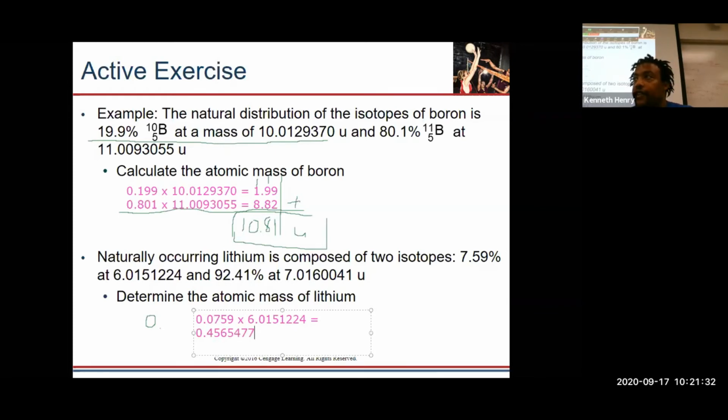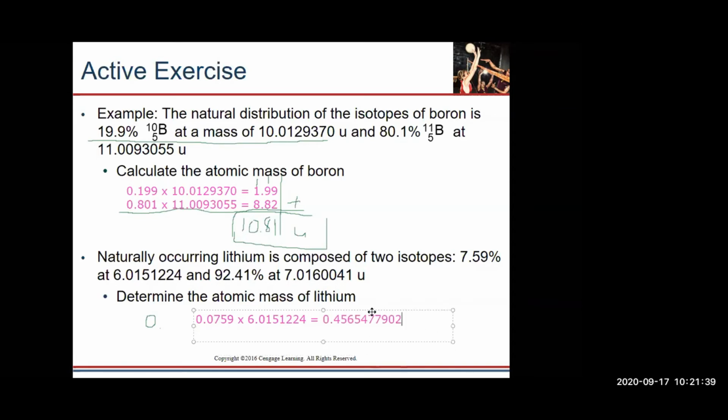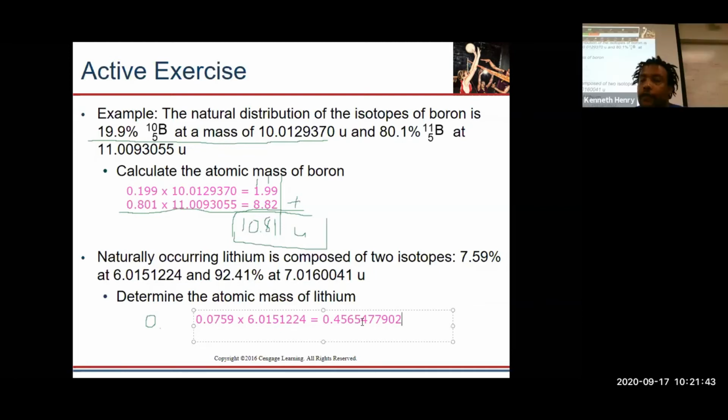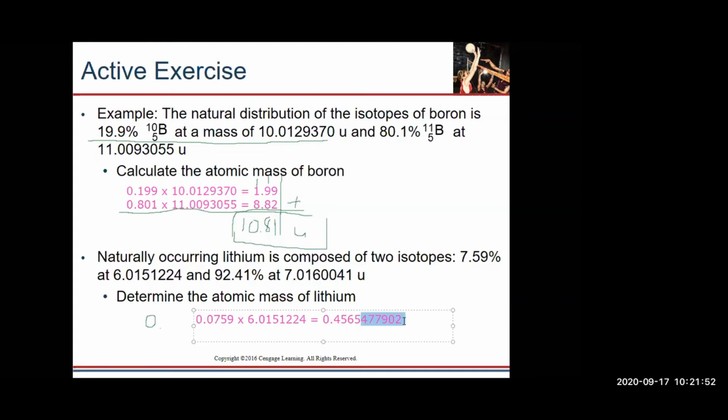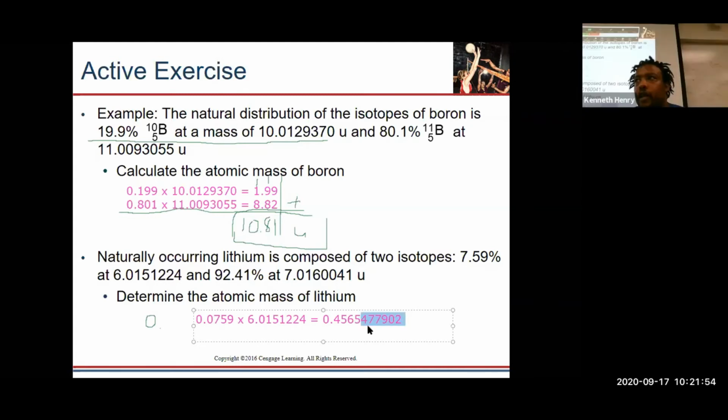If you don't round it, if you don't do your sig figs, you'll get marked points. Okay, so I use that 5, and there's numbers following that 5, so I'm going to round up to 7. So that's the first part. What about the next one?